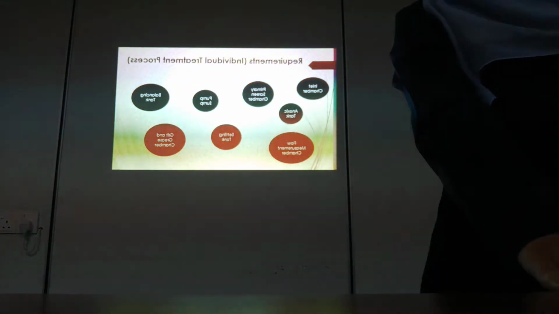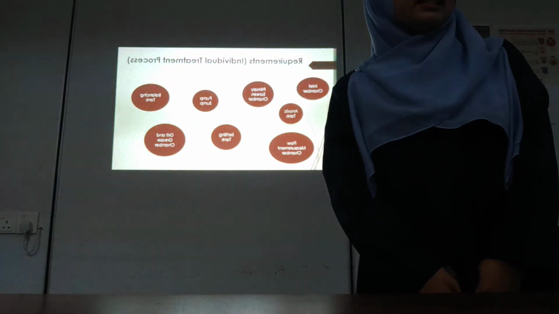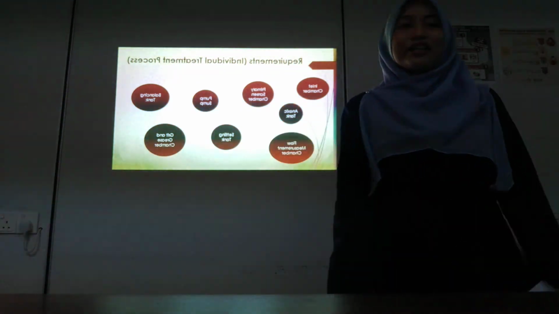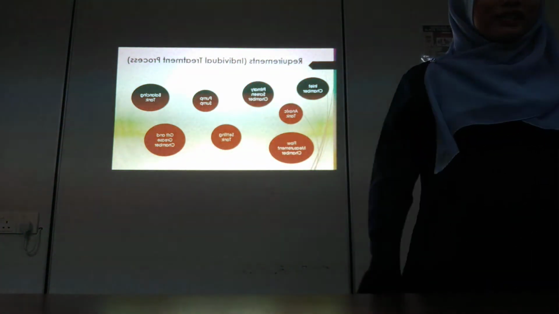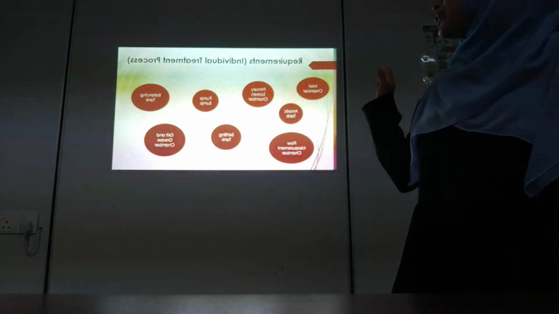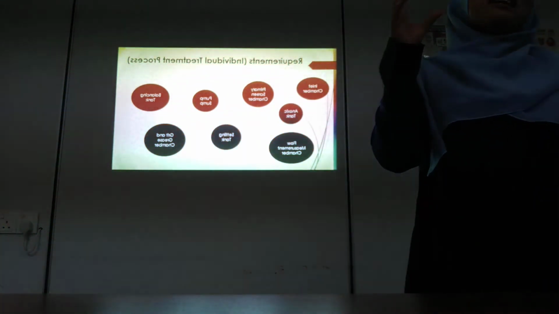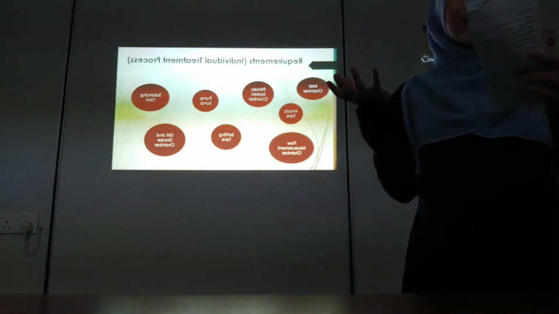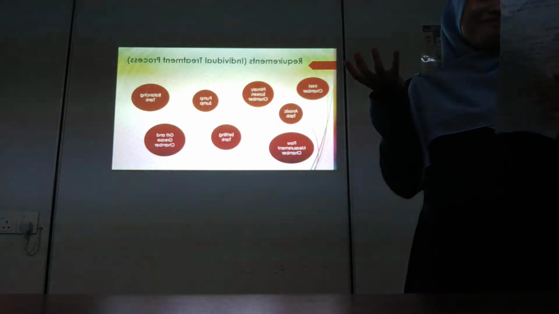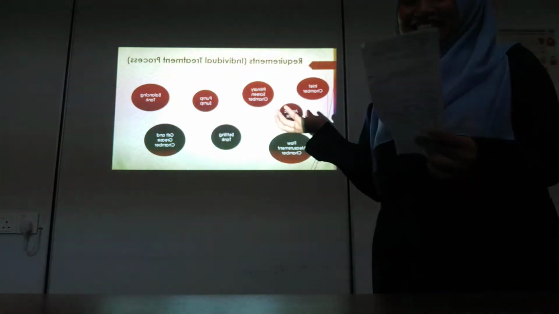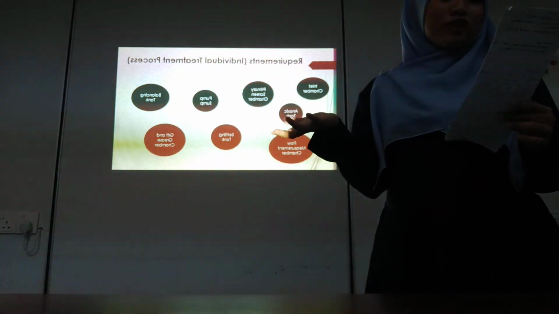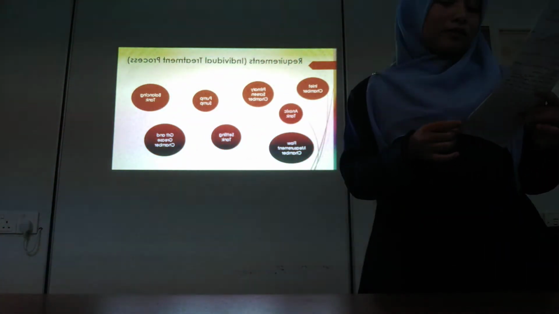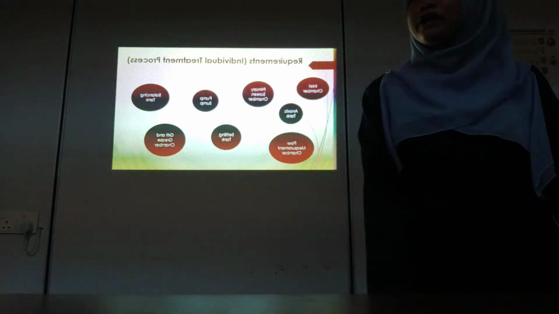Then the requirements for individual treatment processes. First, the inlet chamber reduces the velocity of sewage entering. The primary screen chamber reduces big-size waste and protects equipment from it. The pump sump lifts sewage to a higher point for treatment.